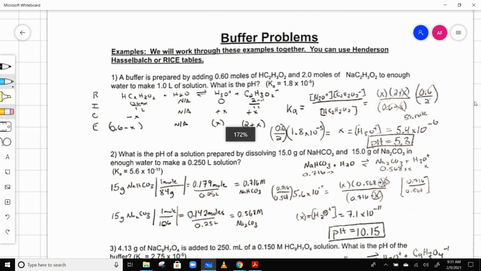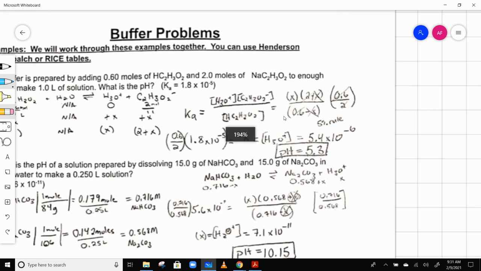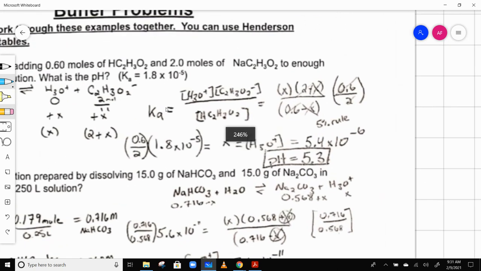Okay, now when we set up our Ka statement here, we have Ka equals H3O+ times the acetate ion over the acetic acid. Okay, and then when we plug in our numbers, we get X, 2 plus X, over 0.6 minus X. And as far as we're concerned, we can use that 5% rule.